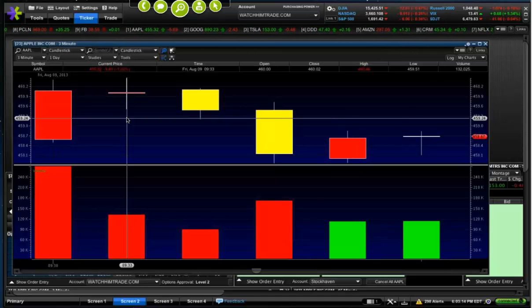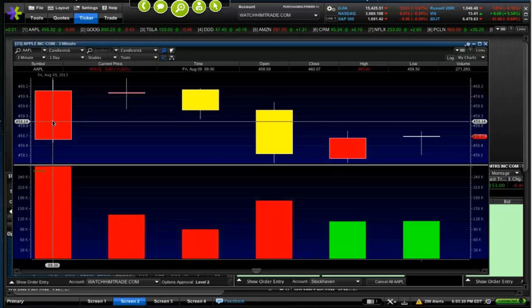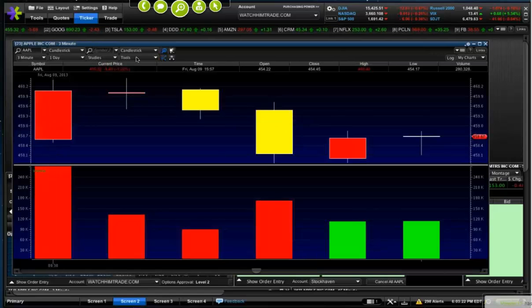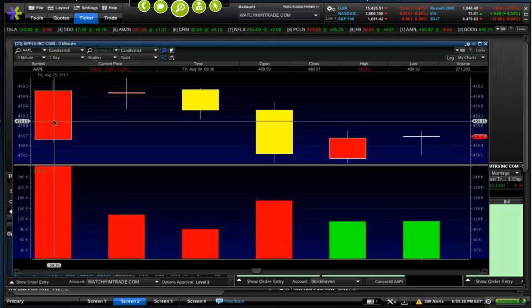So the terms you need to know are the initial 3-minute high and the initial 3-minute low. Okay? What I mean by that is you take the range from the first 3 minutes of the day on Apple on Friday. Your initial 3-minute high was 460.40. Your initial 3-minute low was 458.50.